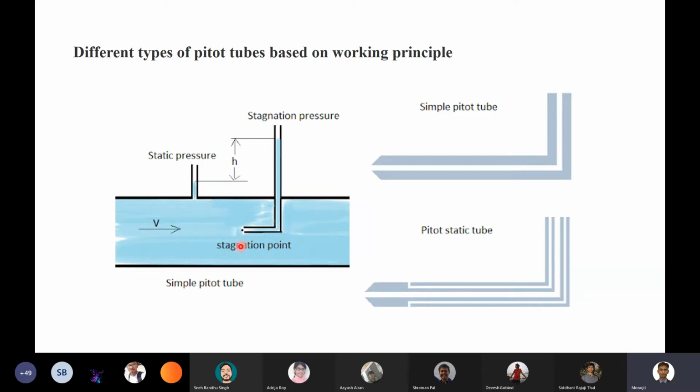So this tube is positioned so that its cross section is exactly perpendicular to the flow direction. So the fluid will hit the cross section of this tube, whereas the other tube is placed at a perpendicular position to this tube.